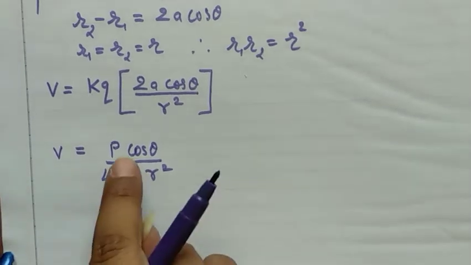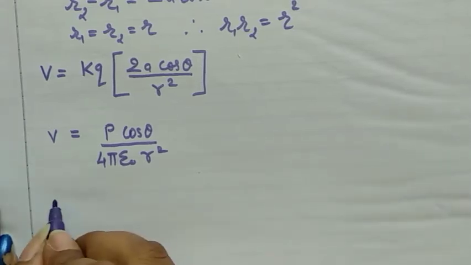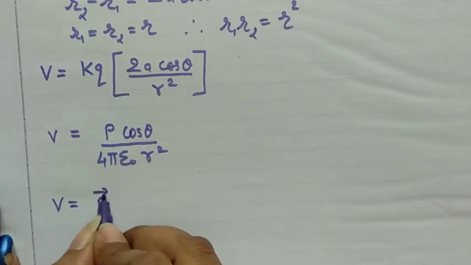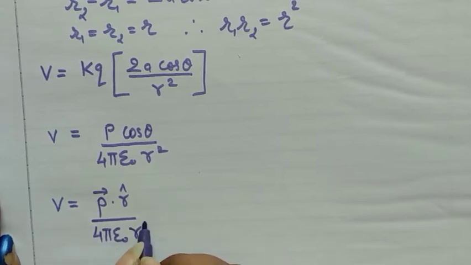Now, this p cos theta is actually vector p dot r cap. So V is equal to vector P dot r cap upon the denominator which remains as it is.